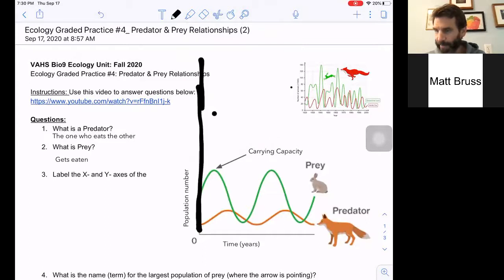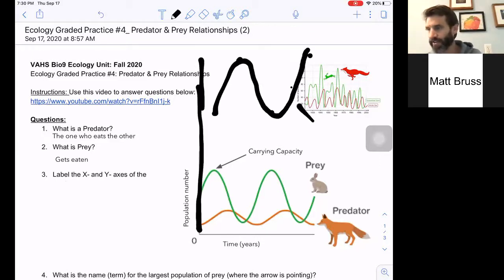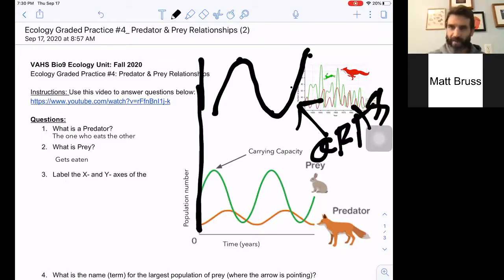And when the prey population is at its lowest, grass would be at its highest, and so forth. So you could draw a similar cycle for grass, but it would be way more than the prey population, just because there's way more mass of those producers.